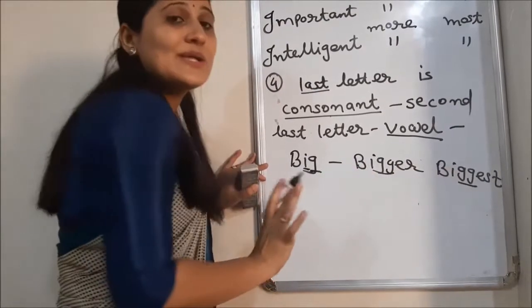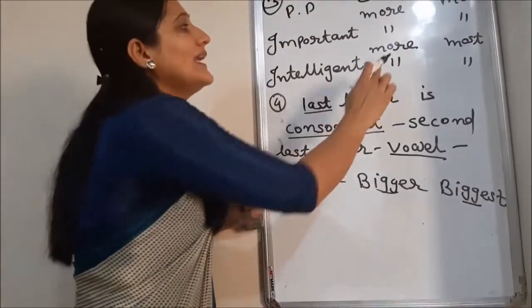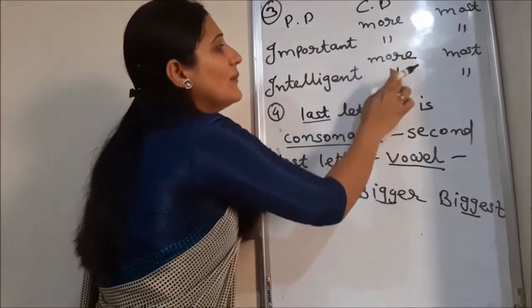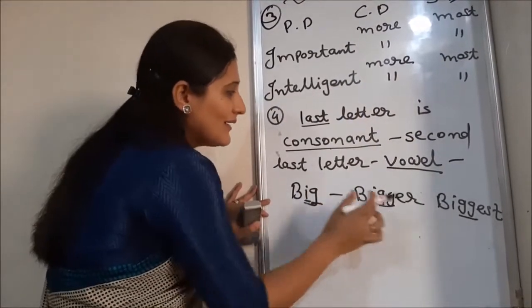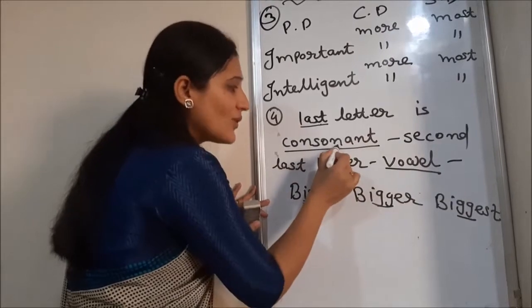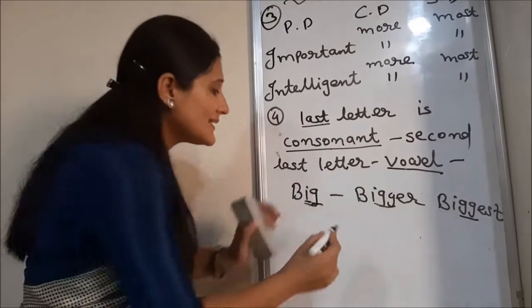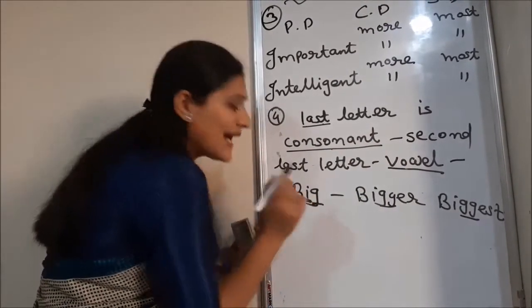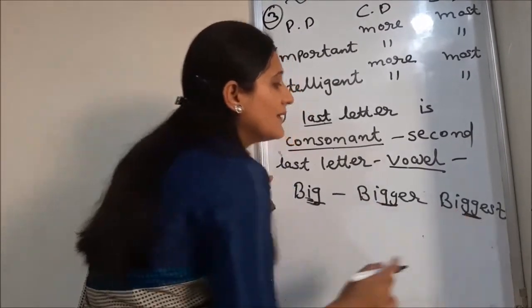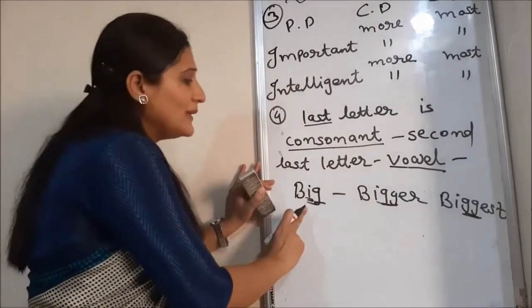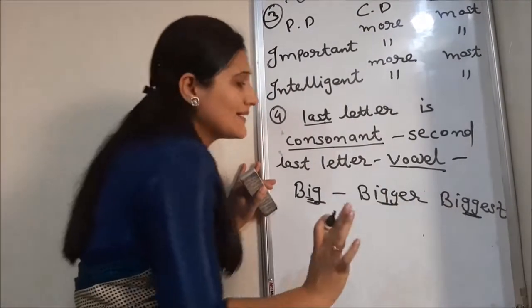ER and EST you need to add in all; only here you need to write more plus most, because the spelling is long. But if the last letter is a consonant and the second last is a vowel, you need to double the last letter: bigger, biggest, this way.